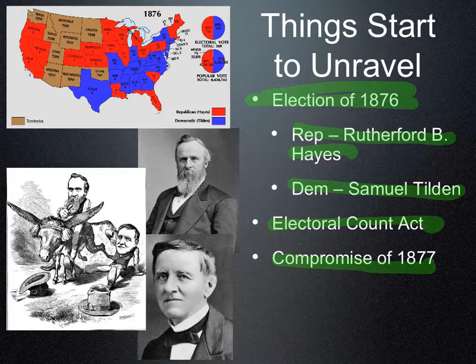Okay, the real losers in this are going to be the newly created black citizens of the South. Because once this deal is made and the federal troops are pulled out of the South, there is absolutely no one to protect blacks in the South. There's no one to ensure that they get their civil rights.